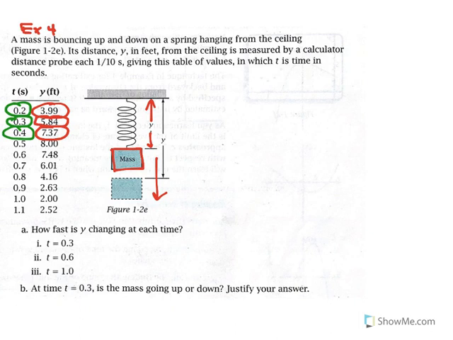So what do we want to do? We want to know, in part A, how fast is y changing at each time? How fast is the distance of the mass from the ceiling changing at a particular instant in time?